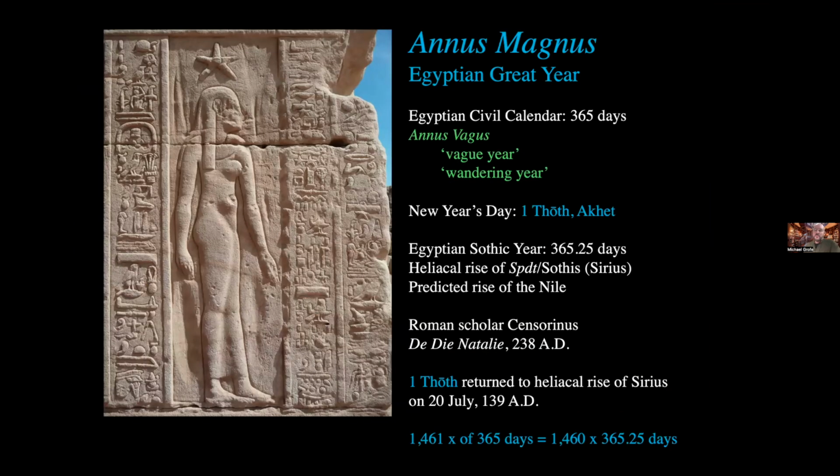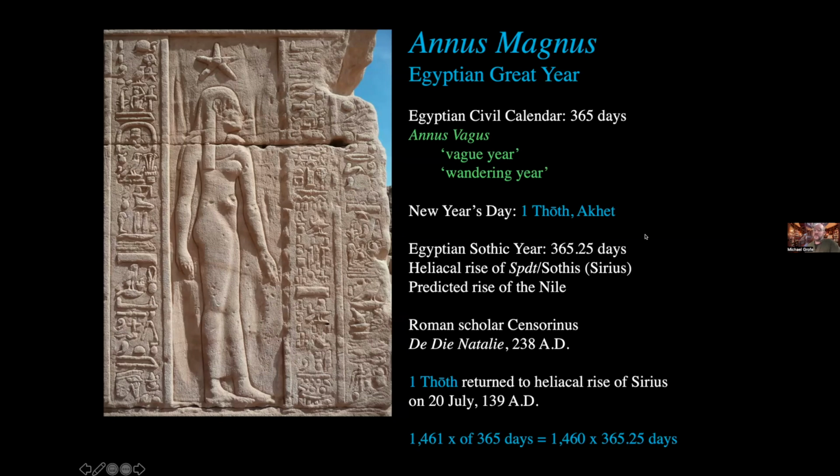So the thing about the Egyptian calendar is that it's a civil calendar of 365 days without a leap year, which should sound familiar to you because that's very much like the Maya Haab, if not identical. It's two different cultures in different parts of the world coming up with the same idea. It's quite interesting. So obviously, the civil calendar of the Egyptians lacked a leap year.